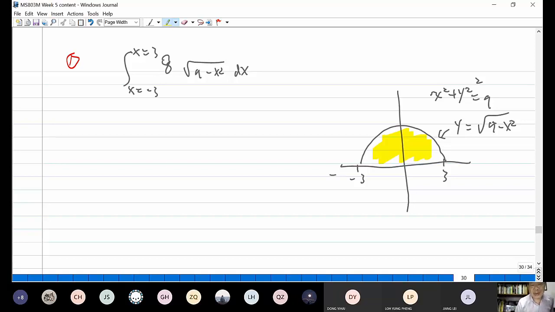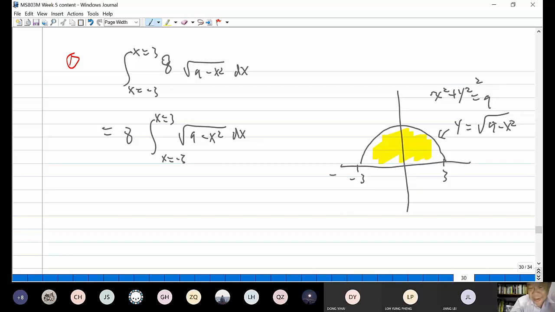So how do you find the answer without any integration? Very easy. Just check out the integral from minus 3 to 3 without doing any integration. The area under the curve is half a semicircle, right?